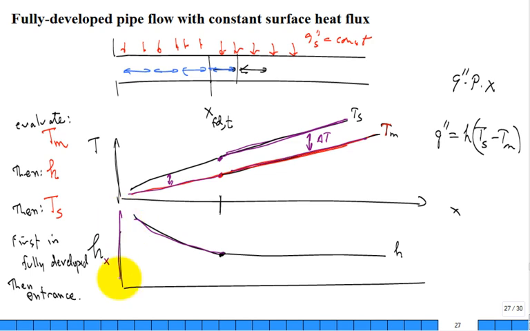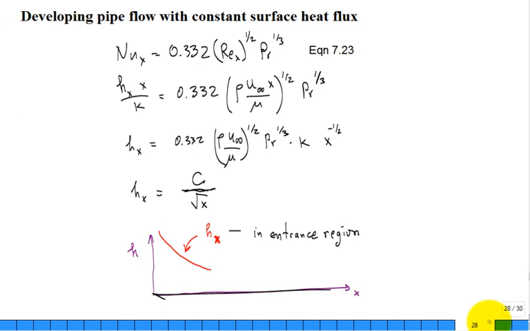So here we're trying to plot h as a function of location. Well, if you go back to chapter 7, we're in chapter 8 now, but in chapter 7 it was external flow. And they had this simple equation for the local Nusselt number is a constant times Reynolds to the half, Prandtl to the third. I know Reynolds number is a function of x, and that's for a plate, so it's the entrance region. But at the beginning, it's as if you cut this and stretched it out.